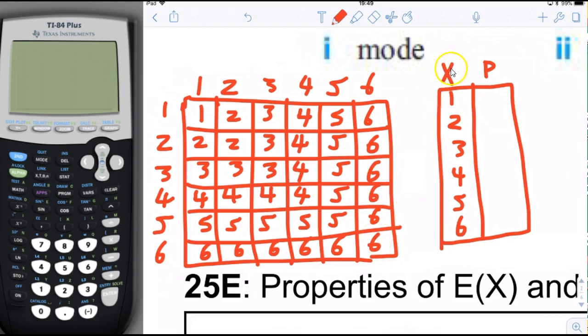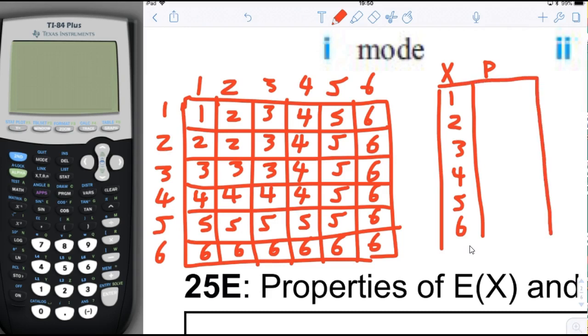And then they want us to make a table which says how often 1, 2, 3, 4, 5, 6 come up, okay? The total number of occurrences that can happen here is 36, right? So for example, I want to know how often 6s are rolled.